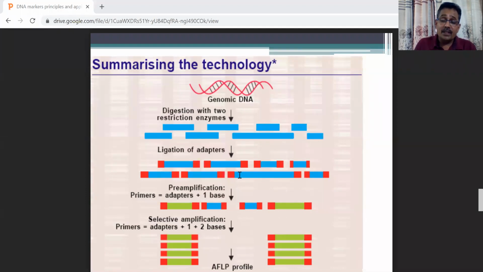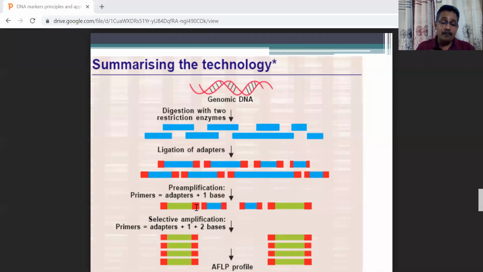Then the restricted fragments are ligated with adapters, and these are pre-amplified with a 1 base primer. This primer amplifies only the selective region, that means the whole genomic DNA is restricted with selective restriction enzymes, and those restricted fragments are ligated with adapters. So only those sequences are amplified that they want to amplify.